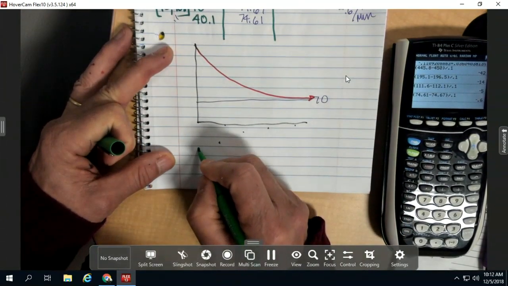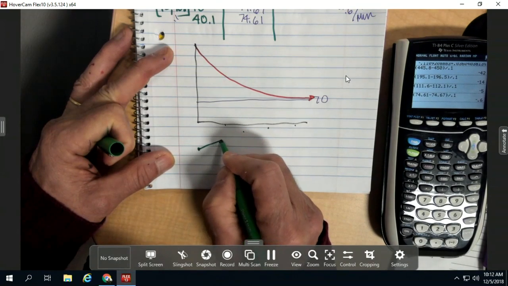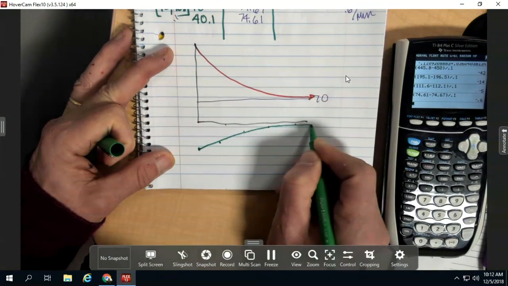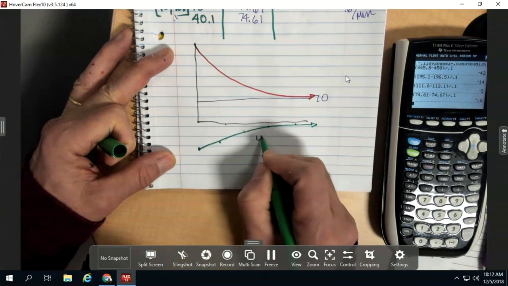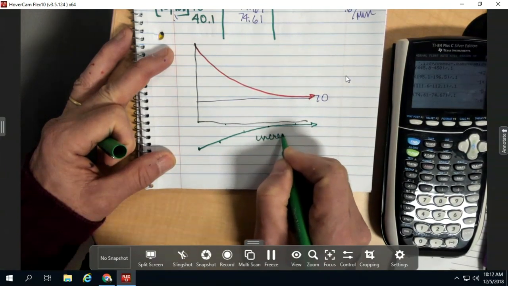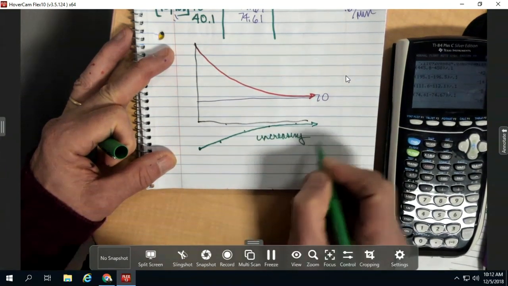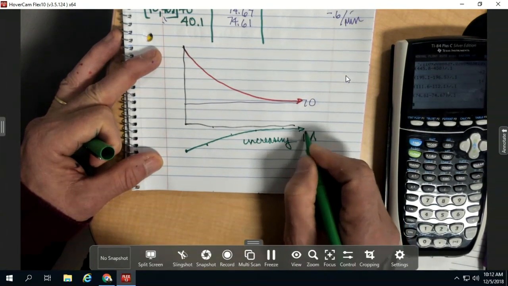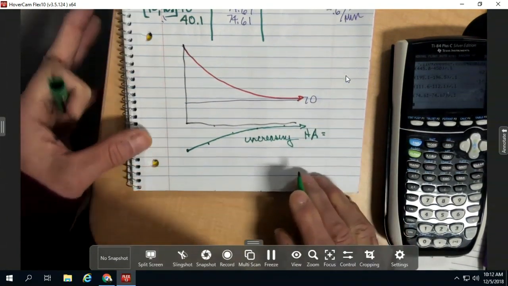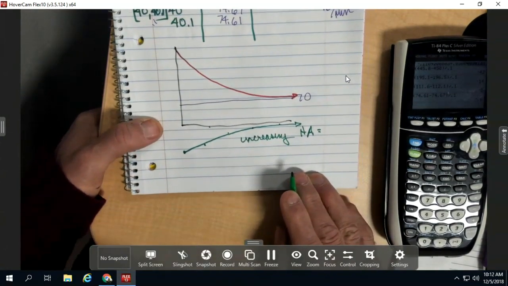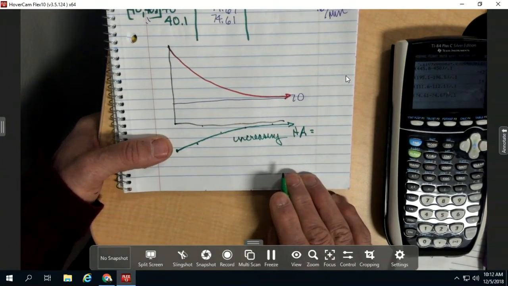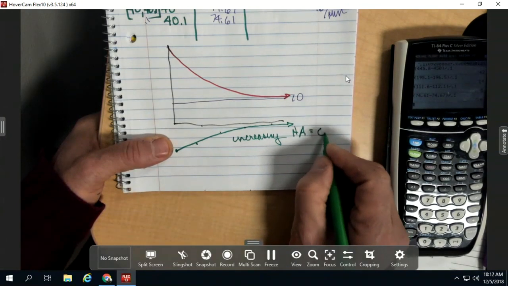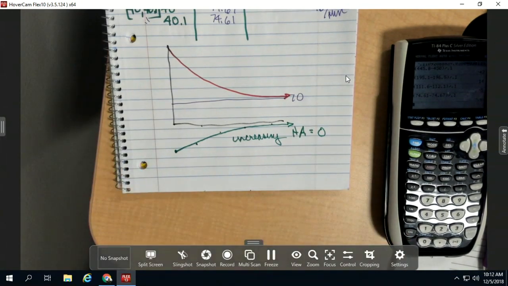What do you see is happening? It's increasing, right? Horizontal asymptote. What line won't it cross? The pizza is never going to warm up.